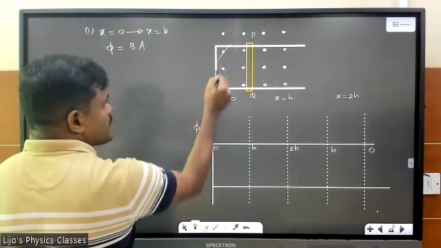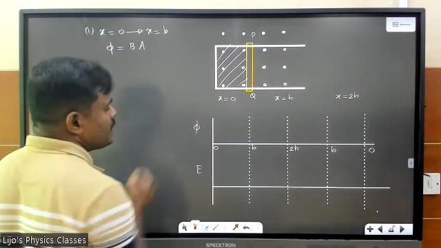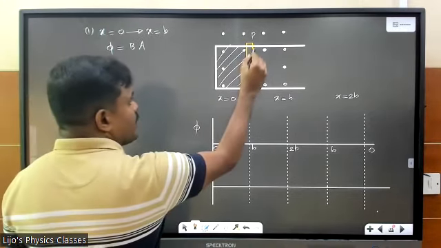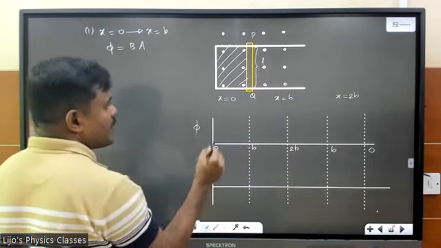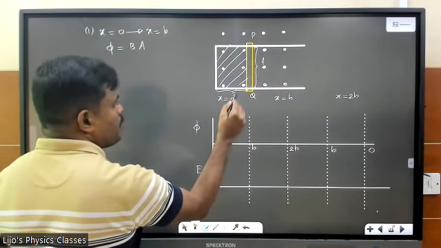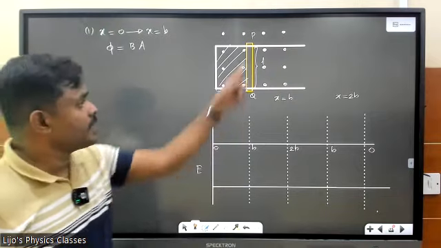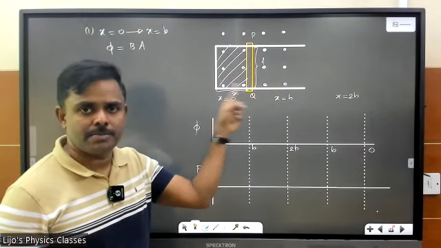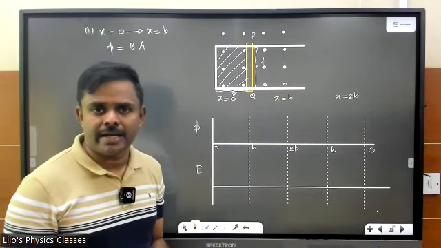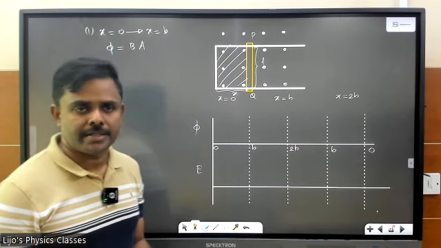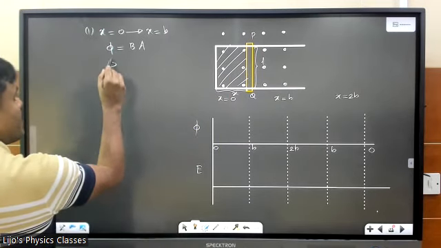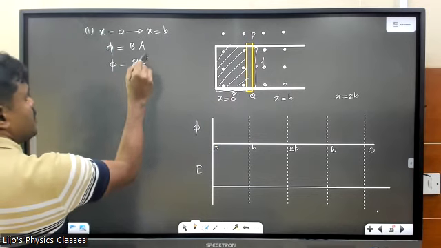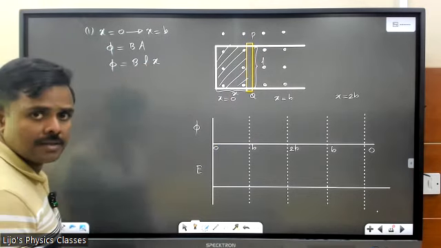The area is the shaded area, which is the length of the conductor into the breadth. Length of the conductor is l, breadth is x, because area of the rectangle is length into breadth. So phi is equal to B l x.